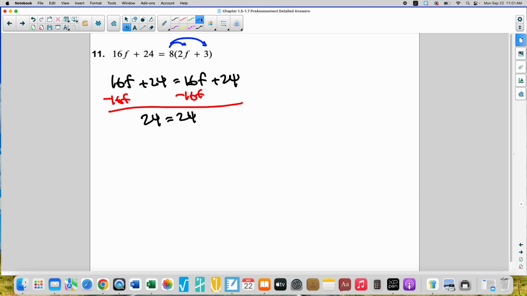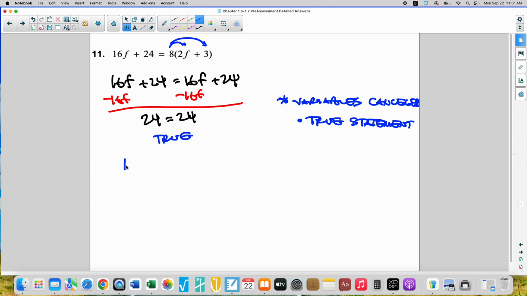We notice our variables canceled, and we got a true statement. When your variables cancel and you get a true statement, the solution is infinitely many solutions.